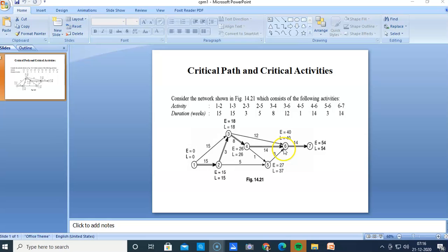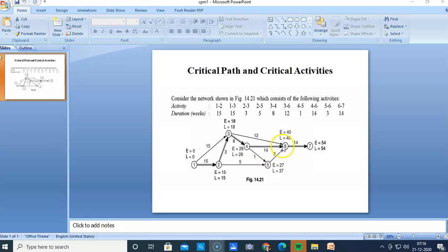And then on this side, 40 minus 12, that will be 28. We reach this node backward through three paths: one path, two paths, and a third path.